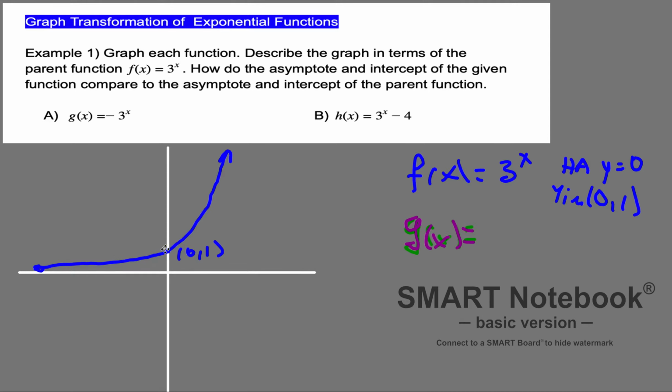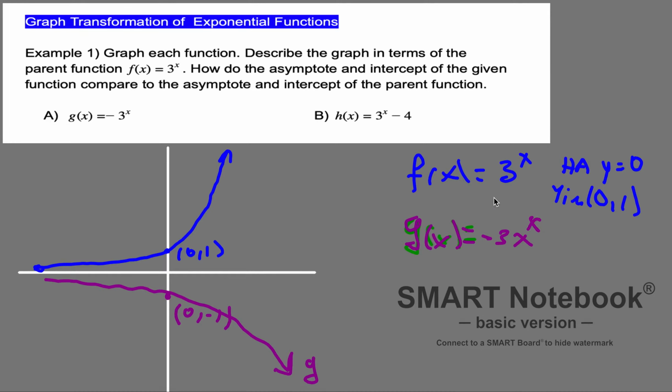So it's going to look like in a mirror. For example, whatever is 1 here, this one is going to be (0, -1). And the function is going to go this way, and it's going to look like this. So this is the g function, and the g function is minus 3 to the x.